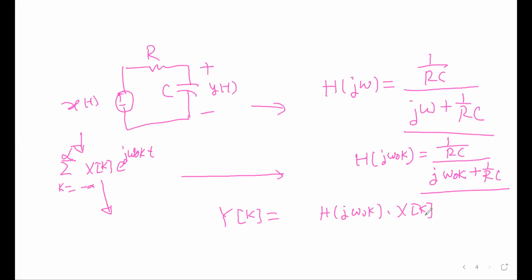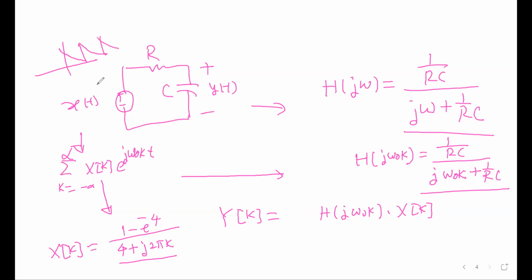For example, in the first example of a periodic signal that we have seen, an exponential periodic function, our xk was determined as 1 minus e to the power minus 4 divided by 4 plus, can you remember, j 2 pi k, isn't it? Then if we apply this exponential periodic signal as an input, the corresponding value of xk we determine this.